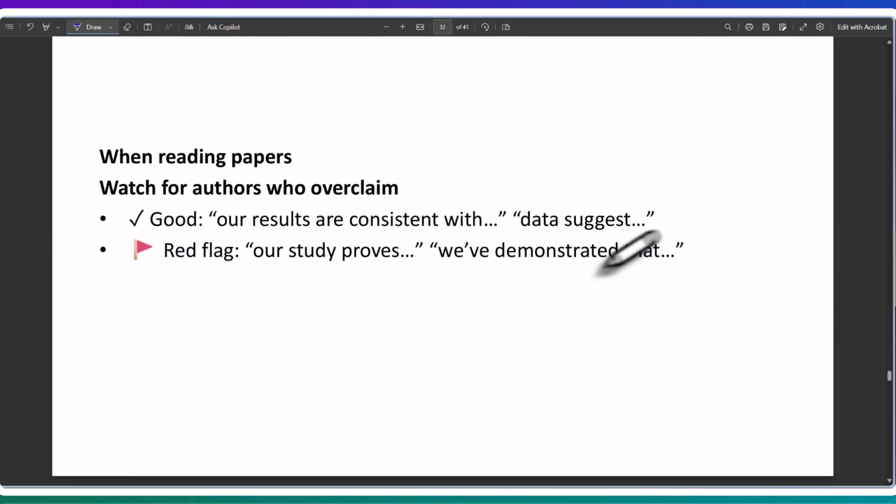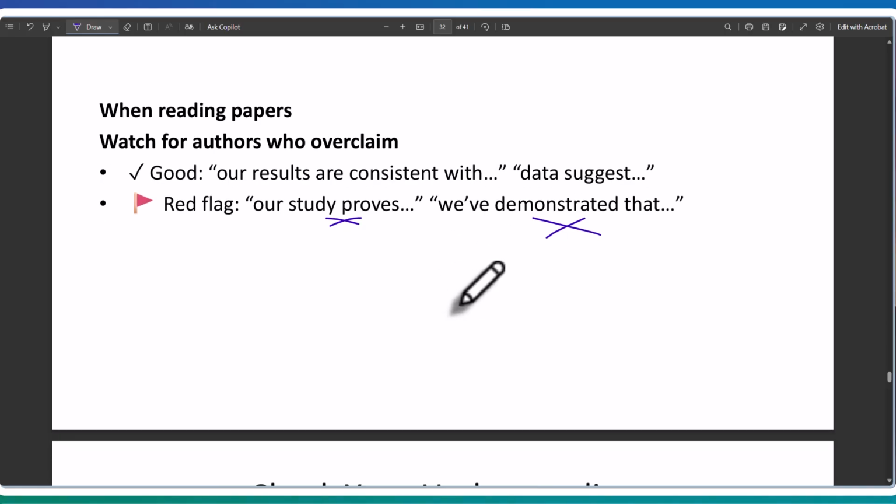All right. So good. Our results are consistent with, our data suggest. Of course, you don't want to say study proves, or we've demonstrated that, without some kind of acknowledgement that the alternative hypothesis still could be false in reality.